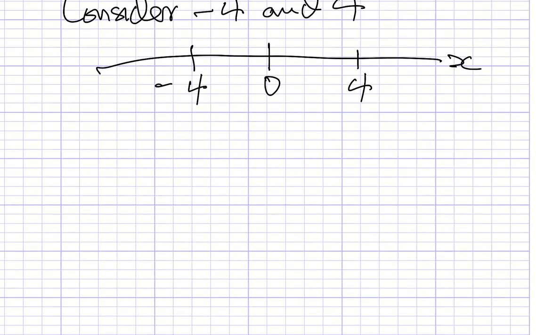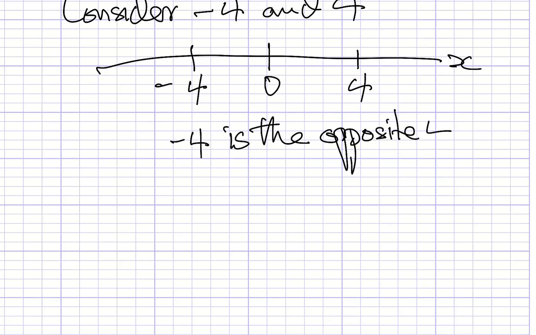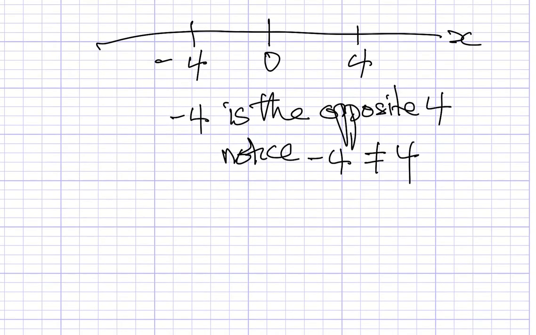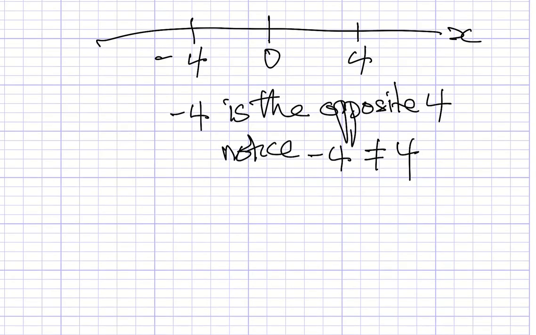Well, we know, according to what I said above, minus 4 is the opposite of 4, right? Notice that minus 4 is not equal to 4, right? But 4 is equal to 4, minus 4 is equal to minus 4.